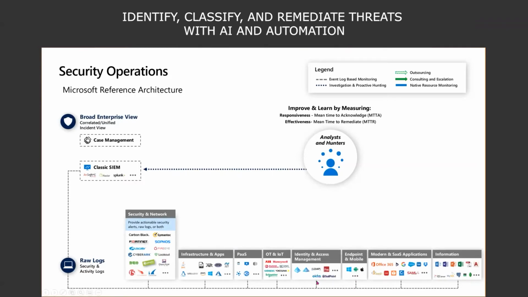Identity and access management, whether using on-premise Active Directory, Azure Active Directory, and LDAP, or other third-party products like Okta. Operational technology and IoT, platform as a service applications that you develop on cloud, as well as different infrastructure and hosting platforms, including Azure, AWS, and so forth, or maybe on-premise like VMware or Hyper-V. In addition to a multitude of other security and network appliances being used.